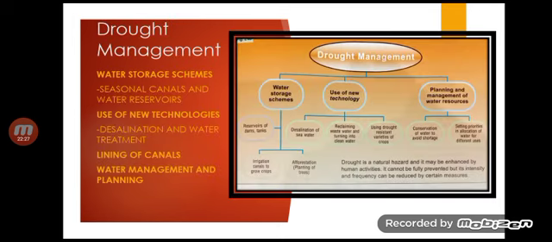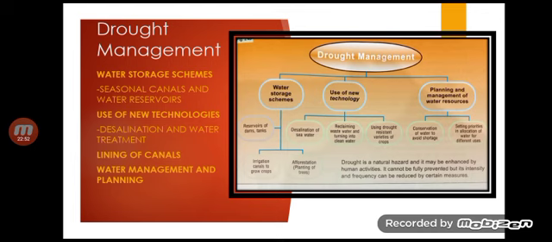And drought is very severe in the Indus Valley. We have taken drought very seriously. There are different ways to manage drought, like water storage schemes. You can create seasonal water reservoirs or seasonal canals that can hold water during the flooding season, which you can use during the drought season or wherever the drought comes.